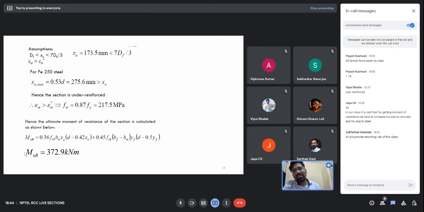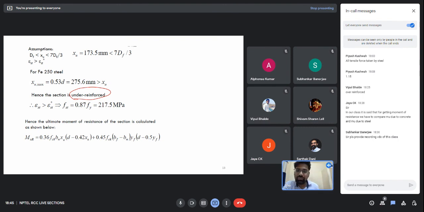So T beam and L beam are not much difficult. The main goal of today's session was only to clear up your concepts about the stresses in steel for different types of section. Suppose this was not under reinforced, if this is over reinforced, then again you would have to do those iterations and calculate the actual depth by assuming different values of XU and using the different stress and strain profiles.